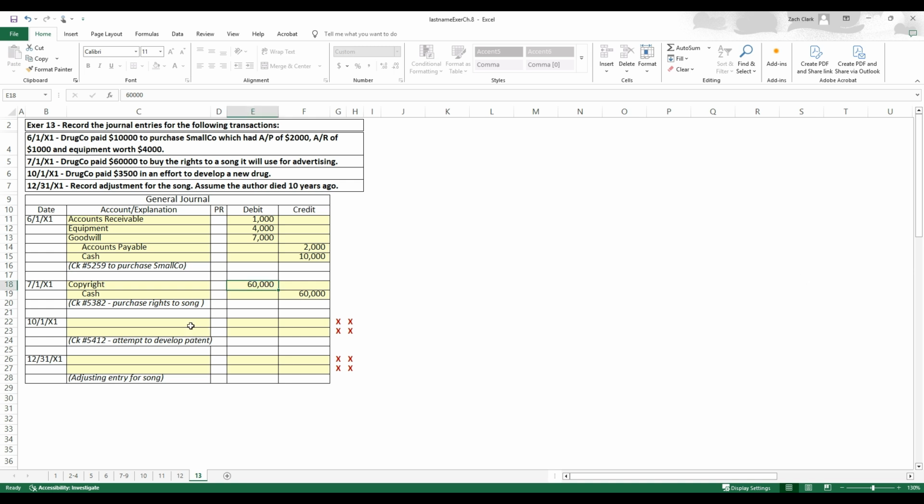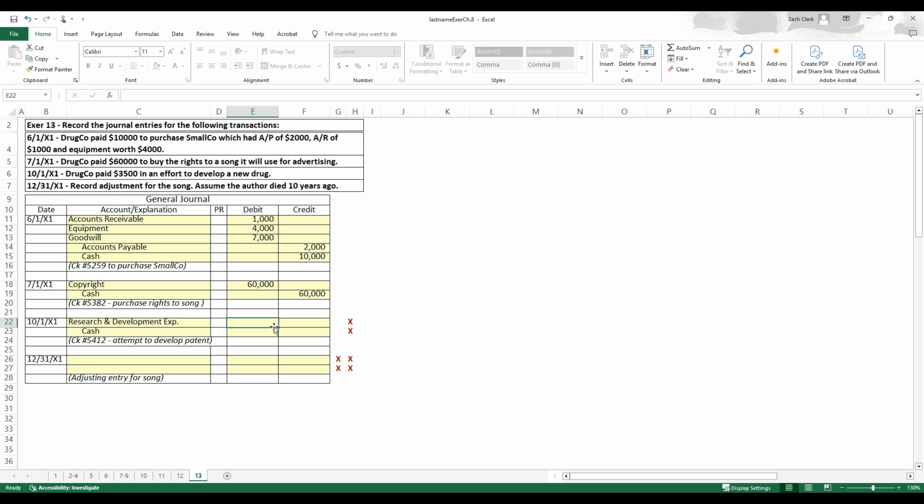And then let's see what else we want to do here. We paid $3,500 in an effort to develop a new drug, and so there's another type of... Whoop, did we do it? Oh, we did not. We attempted to develop the drug, but we did not finish the development.